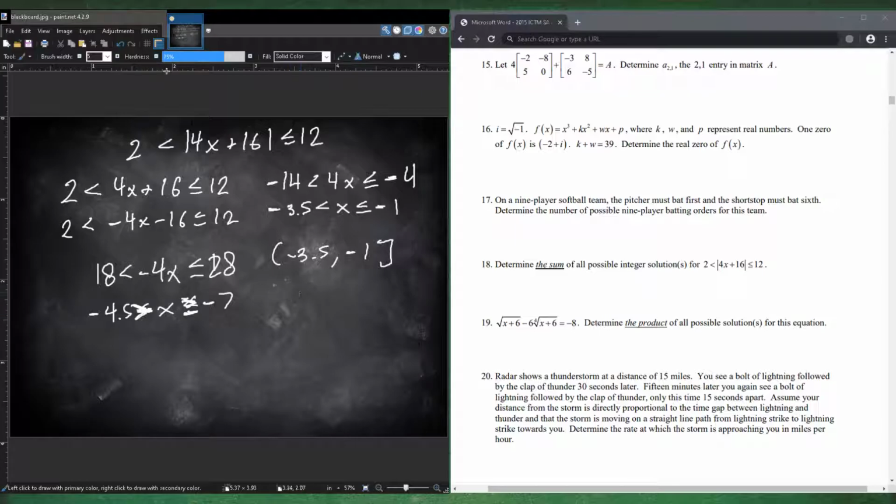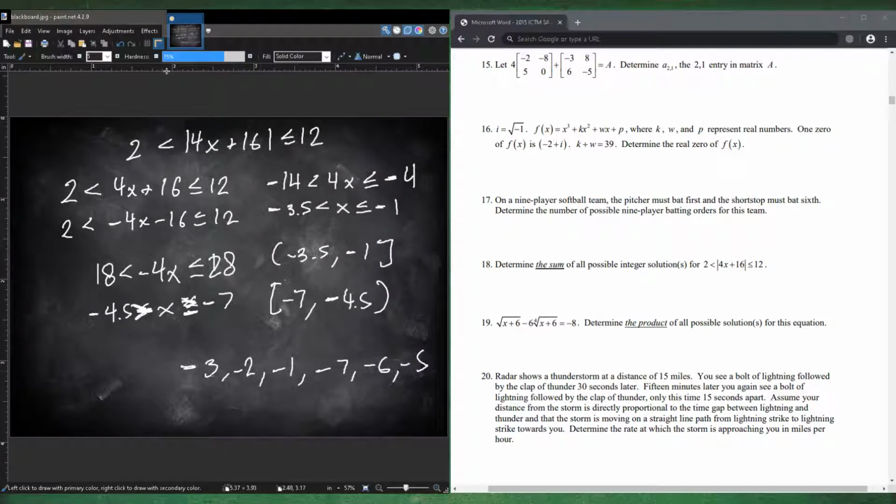So we have negative 7, and then to negative 4.5. Well, we don't include this one. So basically, we have negative 3, negative 2, negative 1, and this one we have negative 7, negative 6, and negative 5. And we don't have negative 4 because this is negative 4.5.